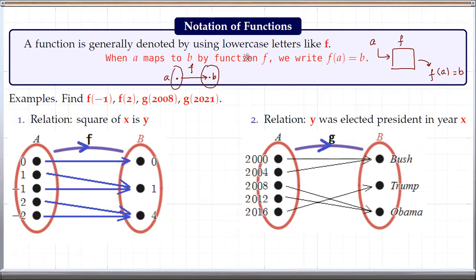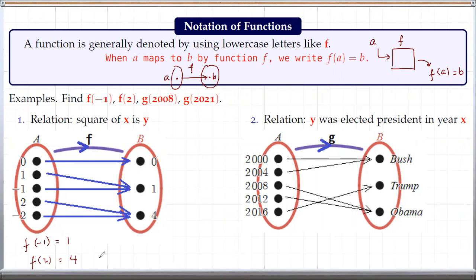Right, so here are some examples. Just find f of -1. So -1 is being mapped to 1. That means f of -1 is simply 1, because the output for -1 is 1. Next, it says f of 2. 2 is being mapped to 4.